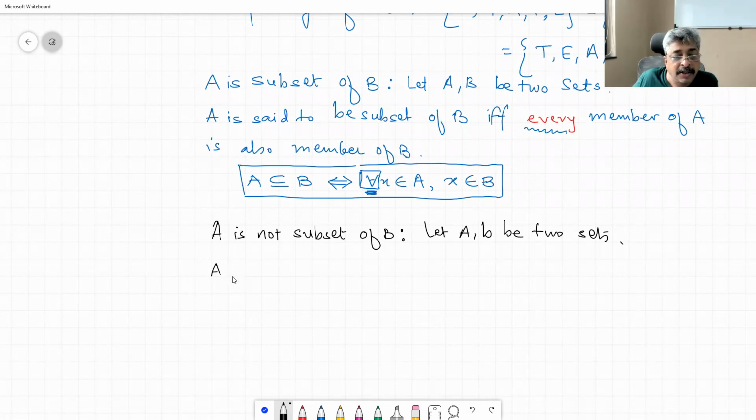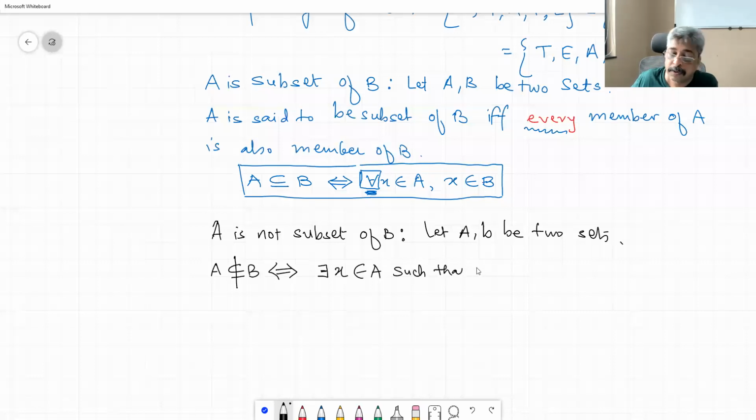A is not a subset of B if and only if there exists. Now this fellow is yet another important fellow. There exists x belonging to A such that x does not belong to B. So this fellow is also important.